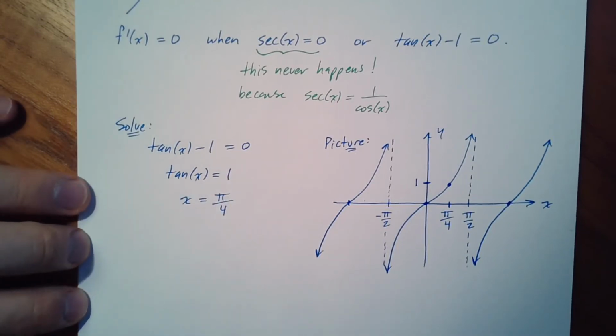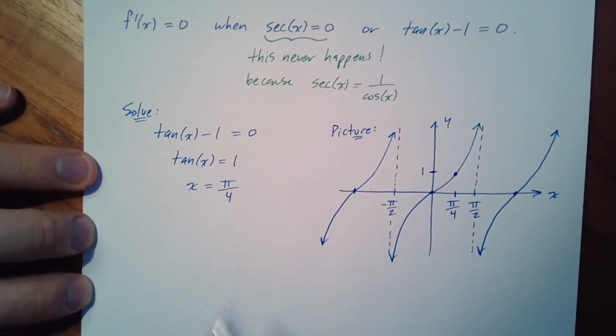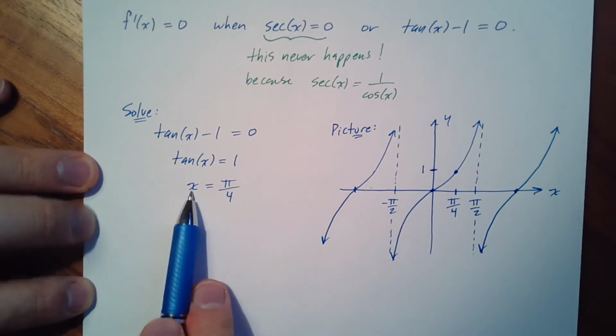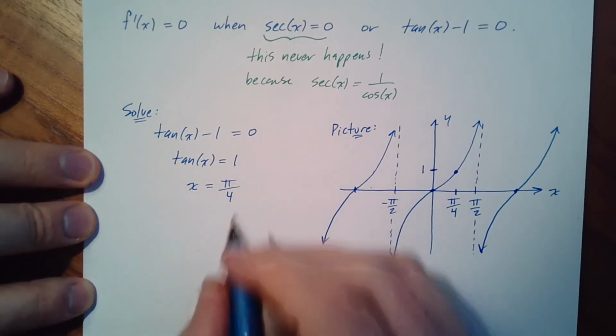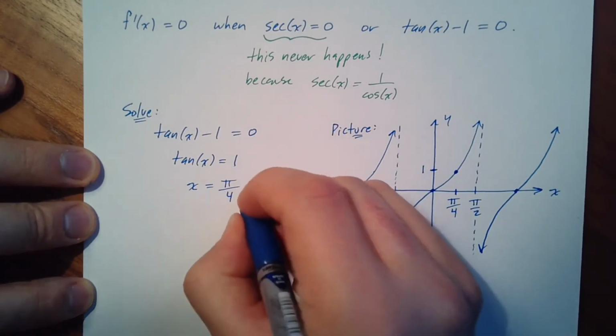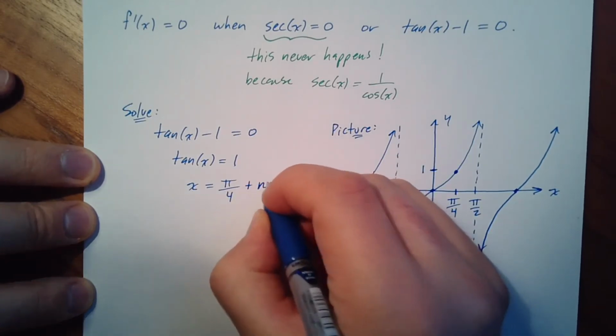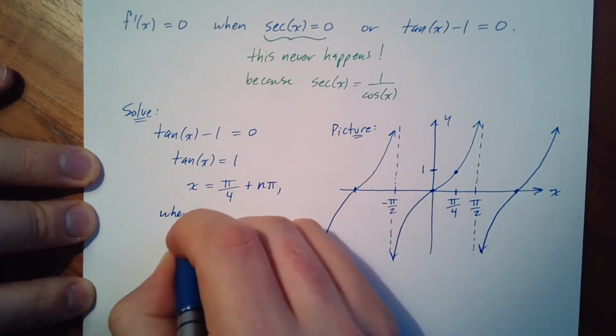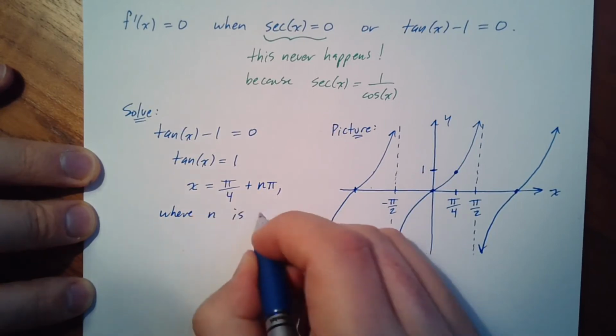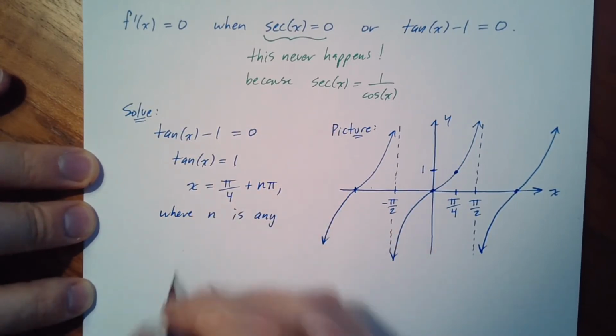So in general, to make sure I get all the solutions, I don't want to just say x is equal to pi over 4. I want to say x is equal to pi over 4 plus n times pi, where n is any integer.